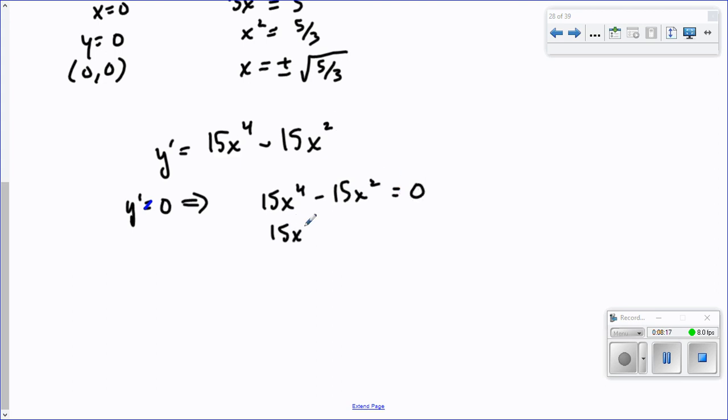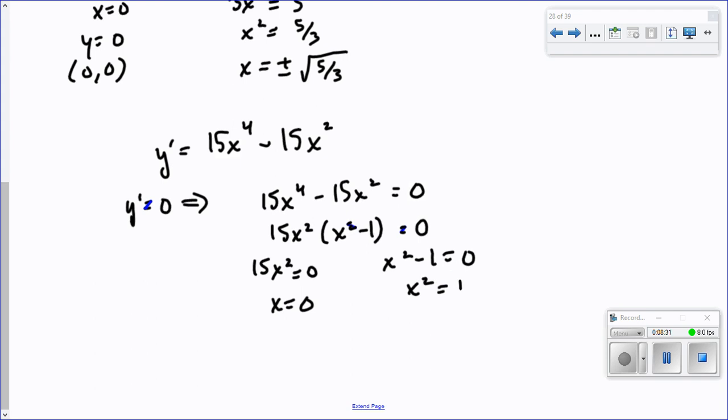I can factor out 15x squared, and I've got x squared minus 1. Therefore 15x squared equals 0, so x equals 0, and x squared minus 1 equals 0, so x squared equals 1, and x would equal plus or minus 1.